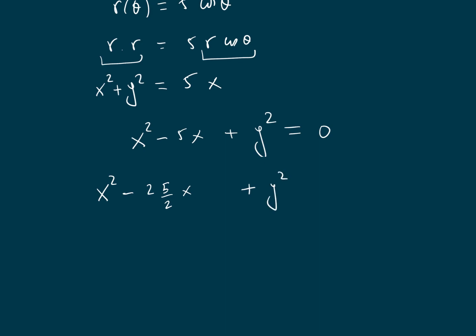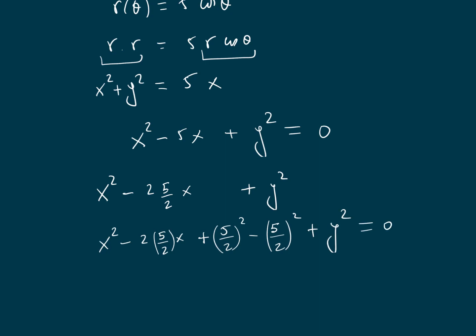I want to complete the square. So it's x squared minus 2 times 5 divided by 2 times x, and now I will add 5 divided by 2 squared, and I will not change my equation, so I will subtract 5 divided by 2 squared, plus y squared equals 0.